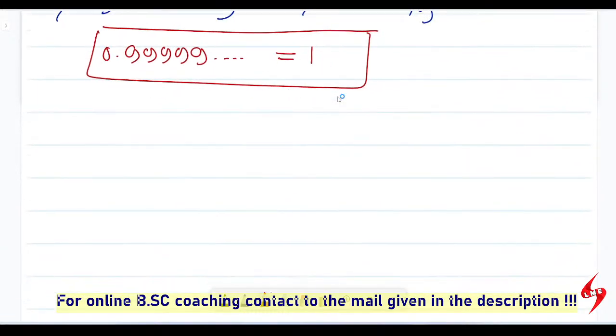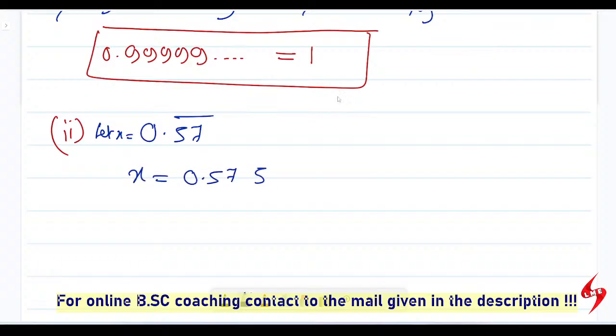Next is 0.57 bar. Let x be 0.57, 57, 57, 57 and so on. Just remember, the length of the period here is 2.